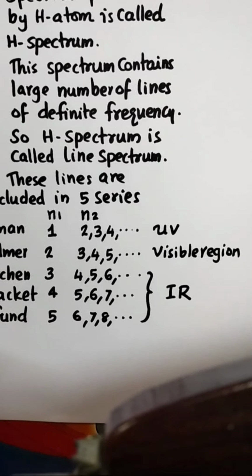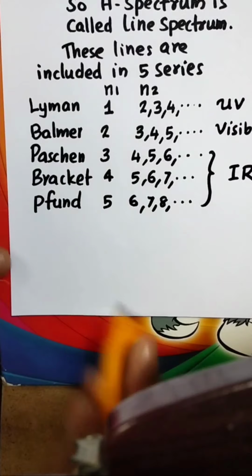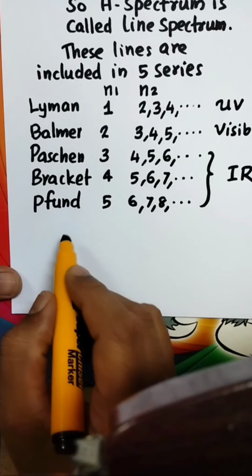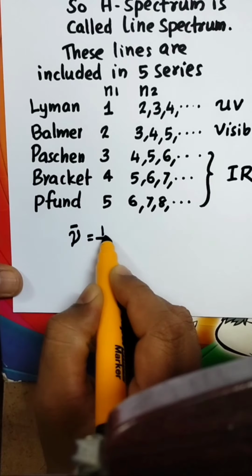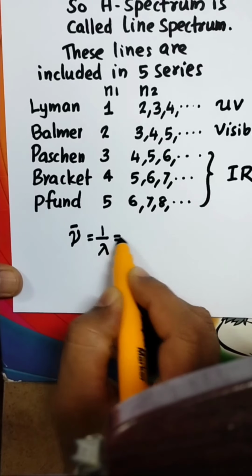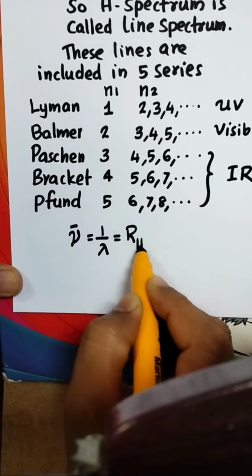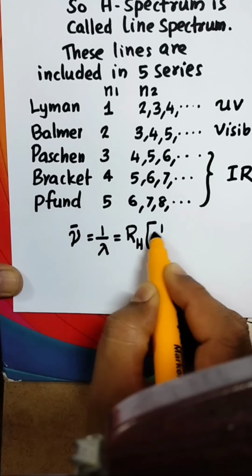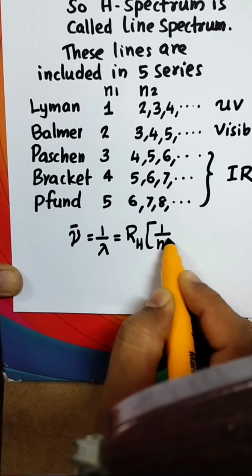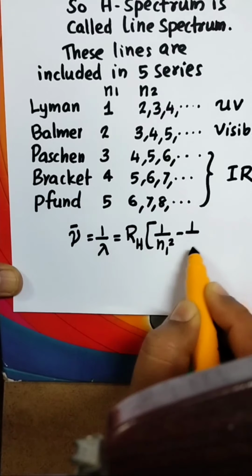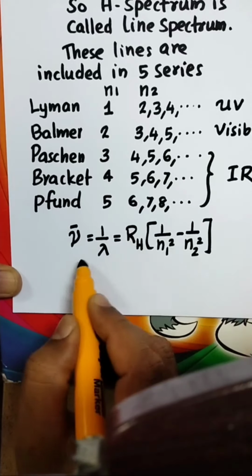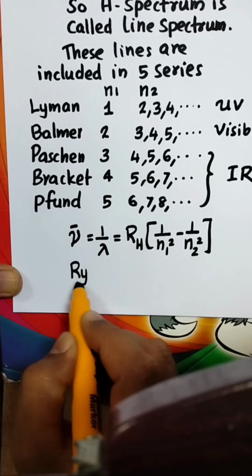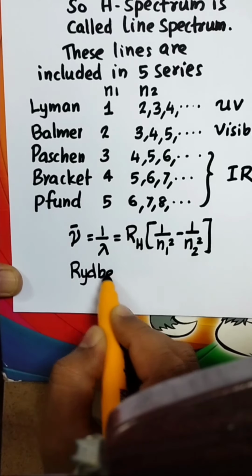The wave number of each line in hydrogen spectrum, nu bar, equals 1 by lambda, equals RH into 1 by n1 square minus 1 by n2 square. This equation is called Rydberg equation.